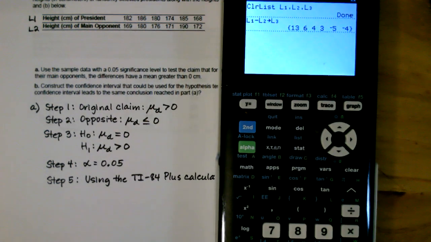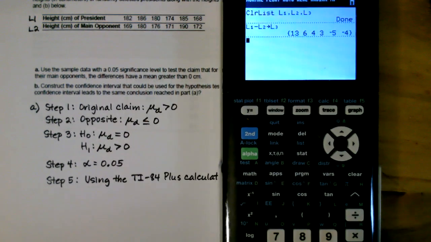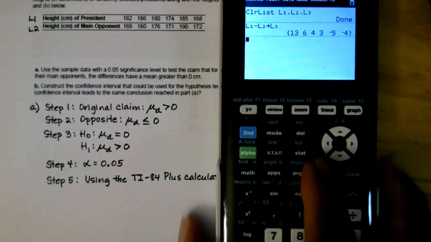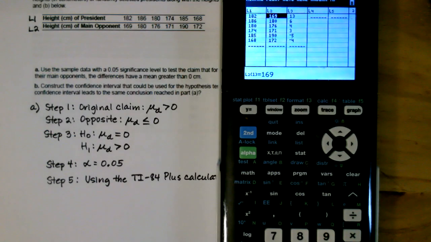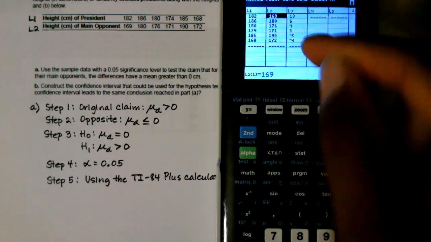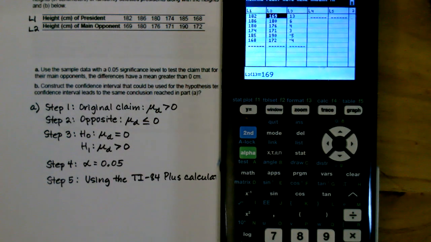And you'll see those differences here. It depends upon which calculator you're using, but if you go to stat and then number 1, you'll see those differences are in L3, like 182 minus 169 ended up being 13, and so on for the rest.